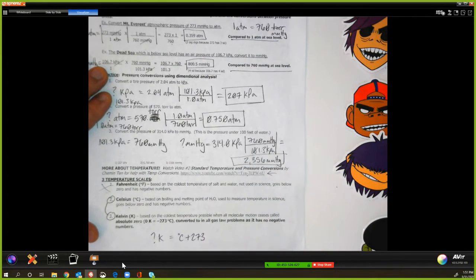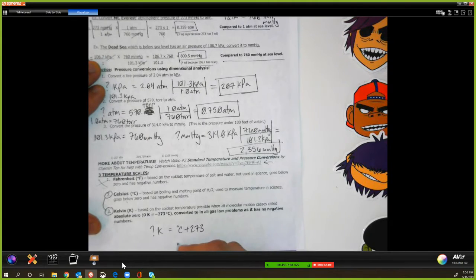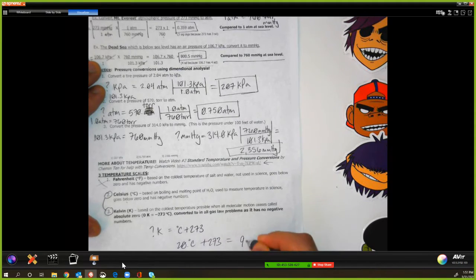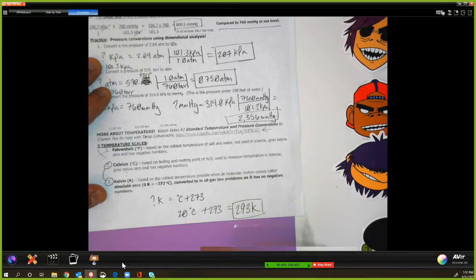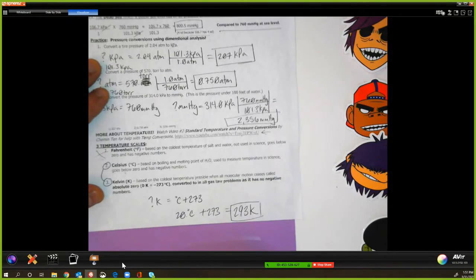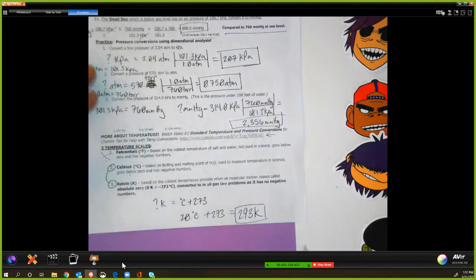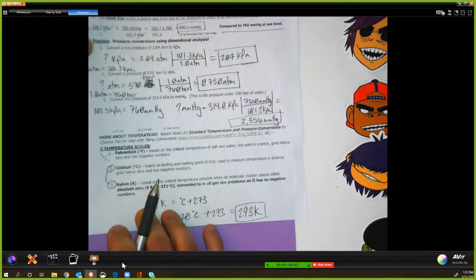So let's say in the problem it says the temperature is 20 degrees Celsius, right? So to put it in Kelvin, I would add 273 to that, and it's 293 Kelvin. And I would use this in my equation. Okay, that's very important. Otherwise, you're going to be off all the time. So you're always going to convert between degrees Celsius to Kelvin by just adding 273. Okay.